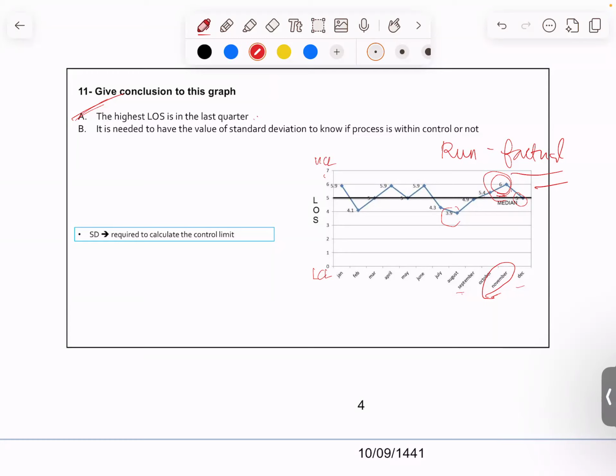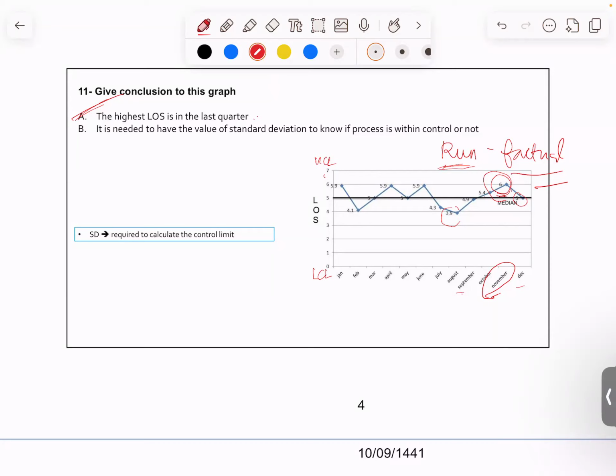Because in the first place, our chart is not a control chart. This is a run chart. So the letter B choice, you need to plot it on a control chart, since our graph here is a run chart.